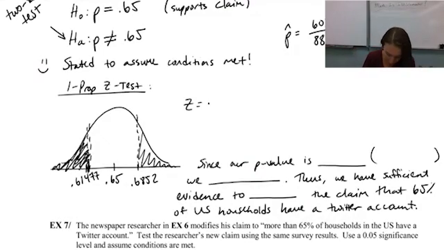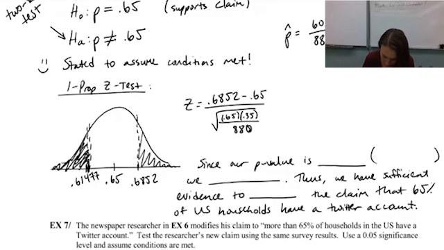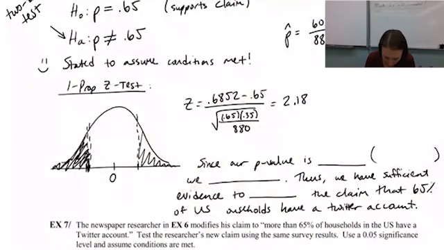So 0.6852 minus 0.65, divided by the square root of p times 1 minus p over n, with n equal to 880. That's going to give me a z-score of approximately 2.18. So when I labeled my curve, I could have put z equals 0 here, and 2.18 and negative 2.18. Sometimes it's a little easier to draw the curve with z-scores instead.